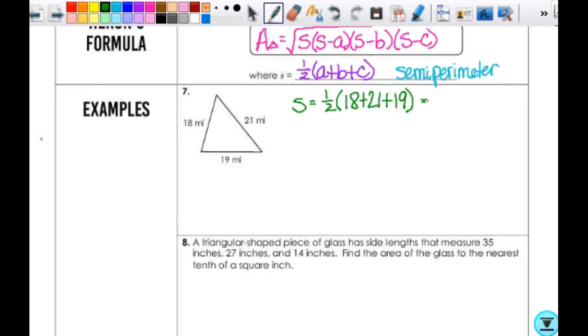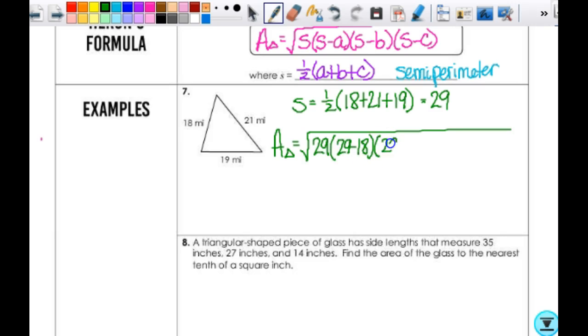And what do you get for s? 29. Good. So then when we substitute that into the area formula, you get the square root of 29 times (29 minus 18) times (29 minus 21) times (29 minus 19).